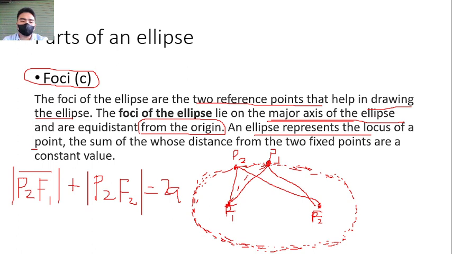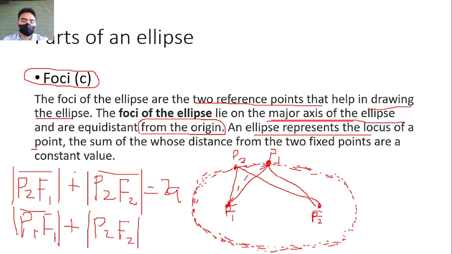So therefore, even though your P1 and your focus 1, the magnitude of your P1 and focus 1, when you add the segment of P2 and focus 2, when you add the segment coming from your point 1 to focus 1 and point 1 as well, I'm sorry, point 1 to focus 2, when you add that one, it is also 2A.